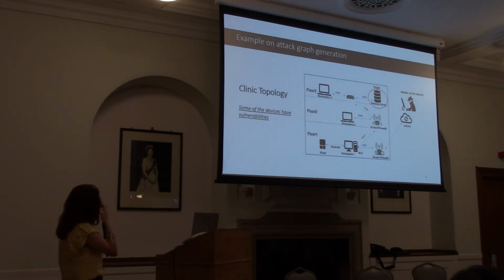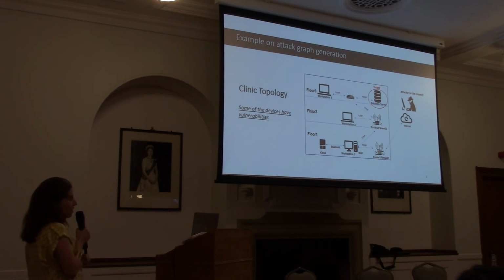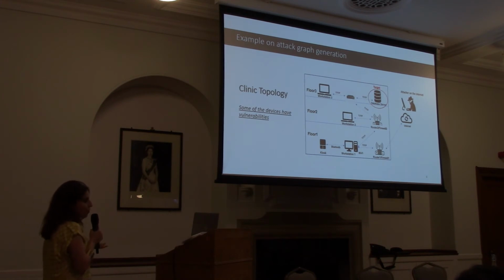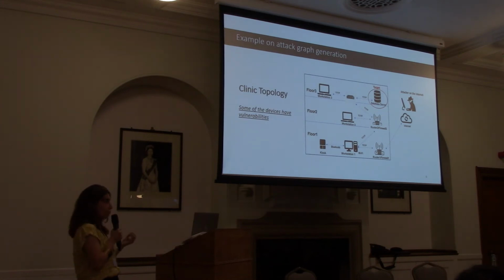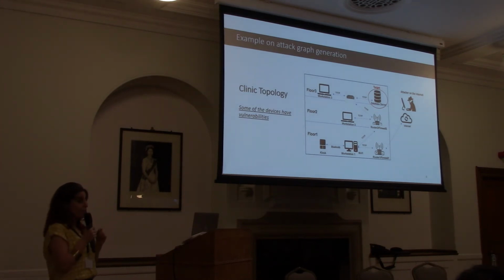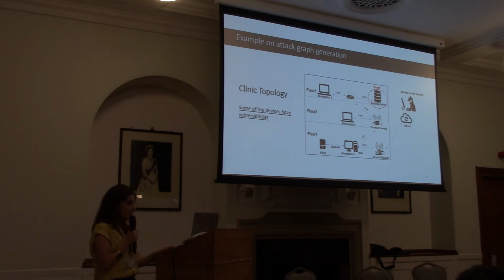In order to understand attack graphs, imagine that we have a clinic. Our clinic is comprised of 3 floors where there are devices on each floor. They can be IoT devices or workstations, and they may have vulnerabilities. They can communicate through routers which deploy firewall rules, and they can connect to the internet as well, where there is an attacker whose goal is to compromise the target.